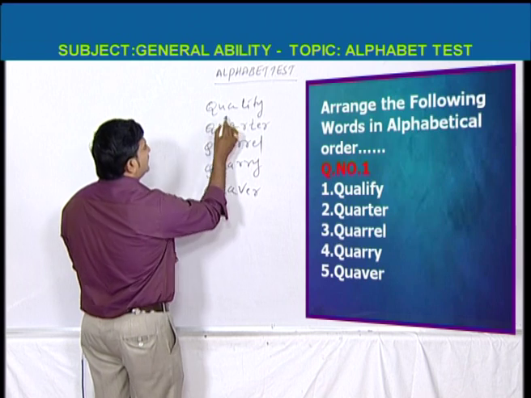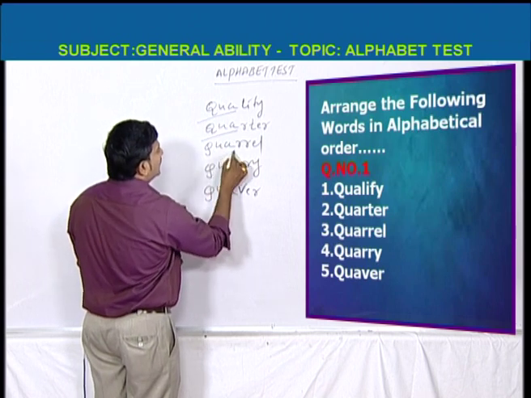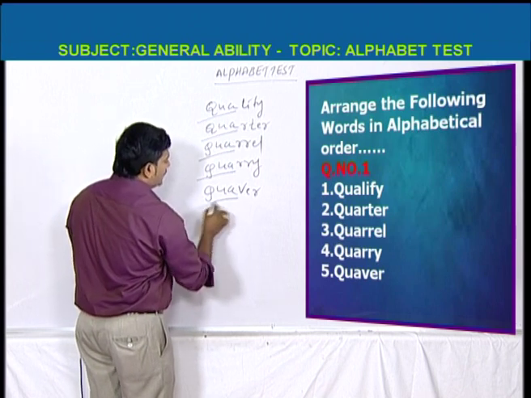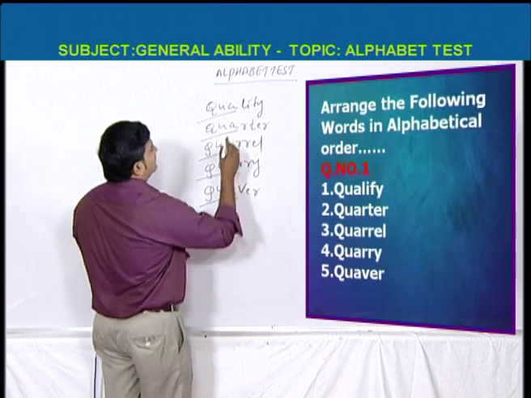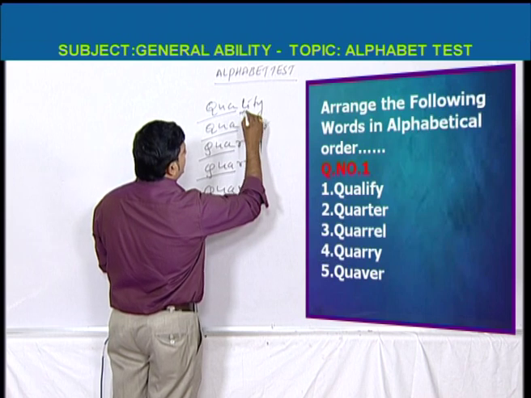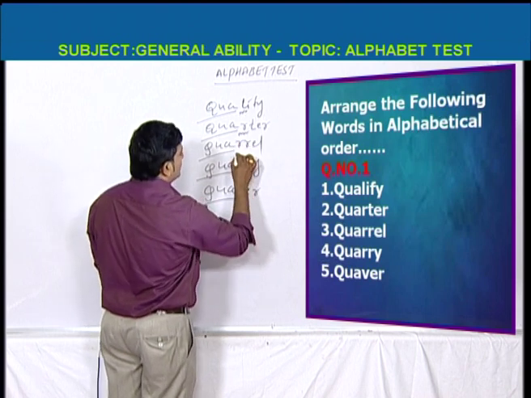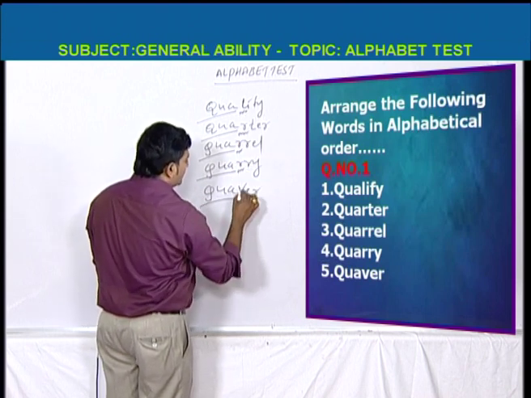Interestingly, QUA is common in all. Now we will focus on the remaining letters. Here the remaining letter is L, here R, R, R, and here V.